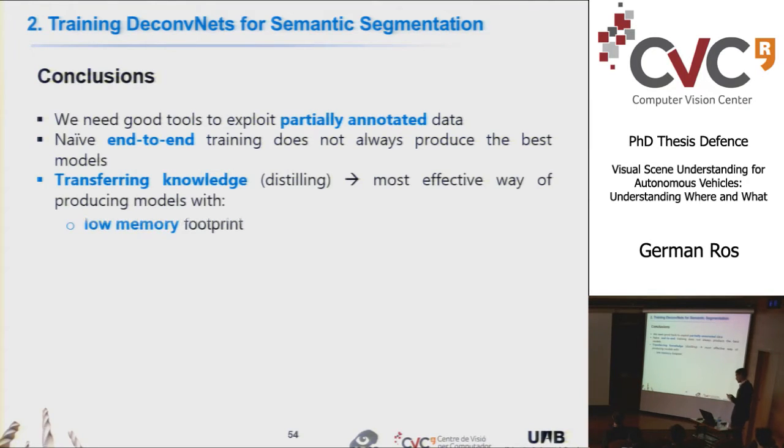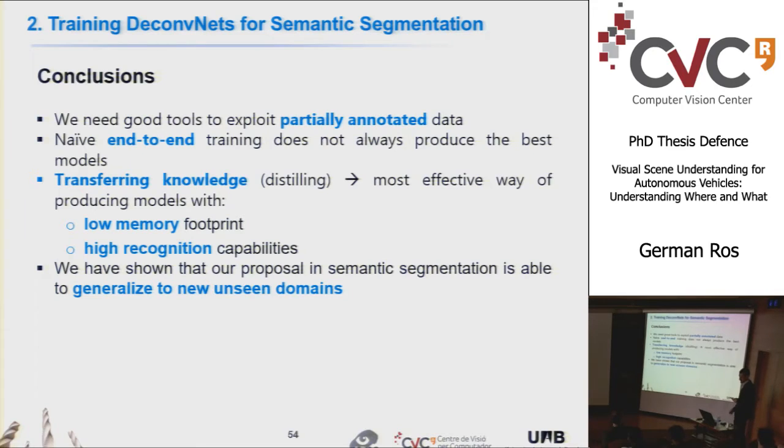Okay, I would like to conclude this part highlighting some of the most important points. I think that the take-home message would be that we need to learn how to exploit partially annotated data, because nowadays we are living in this era of deep learning using supervised methods, so it would be very interesting to be able to deal with partially annotated data, although it's noisy.